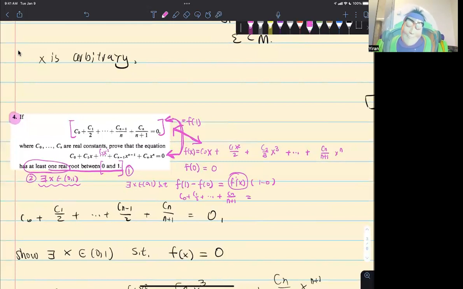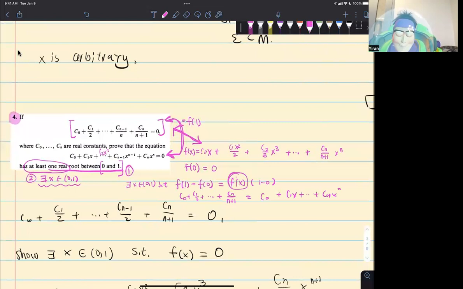And then the derivative is c0 plus c1 x plus and so on plus cn x to the n, times 1. Actually, I think I made a mistake, because f of 0 of this function is equal to 0.